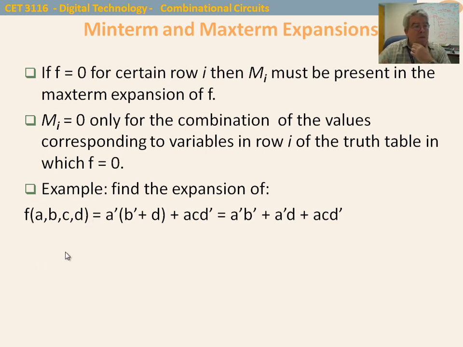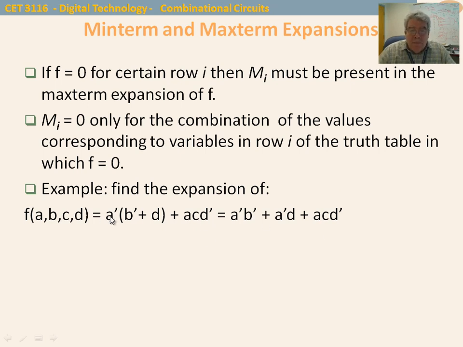So in this case, we can start trying to go into the min term expression, but see something like A, C, and D naught. Well, we're missing one variable here. We're missing B. Here we're missing C. We need to expand each and every one of the terms.